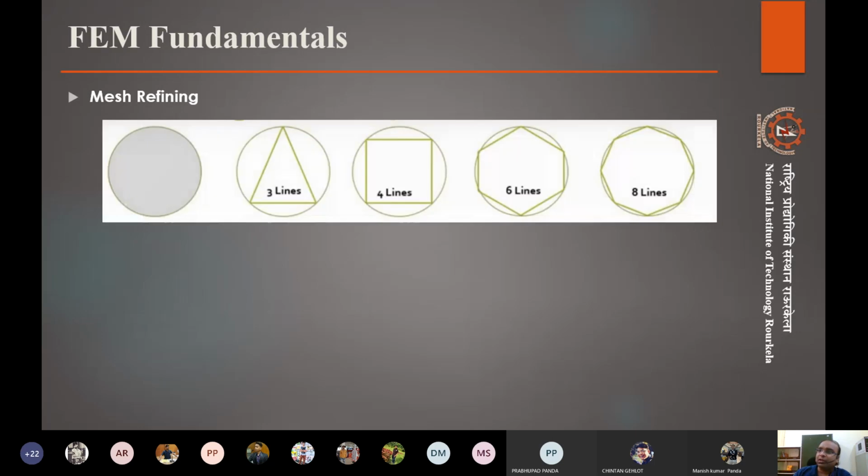If you take a circular geometry, and we have only linear elements, only 1 degree meshing allowed, what we can have is triangular meshing, something like this, a quadrilateral or square meshing, a hexagonal meshing, octagonal meshing, and so on.